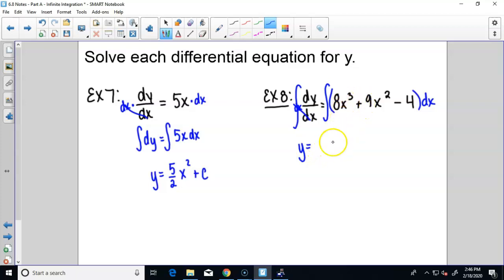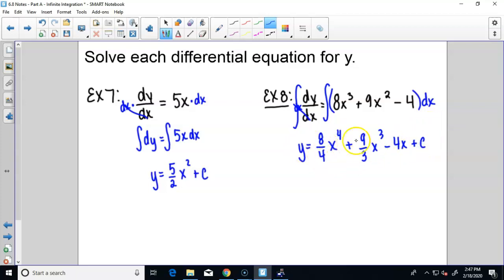So your rule here, increase your exponent by 1, so 3 becomes 4. Divide out front by that 4. Of course, you could simplify that. I'm going to here in a minute. The next part, you would have x to the third. You would divide out front by 3. And the last part, you're just going to put an x with that, and then we always have to put a plus c on the end.